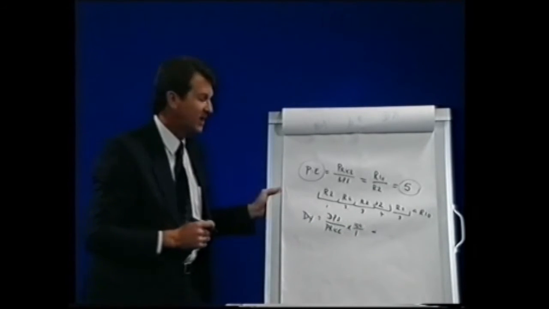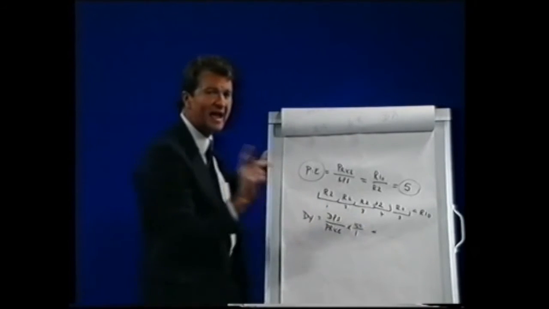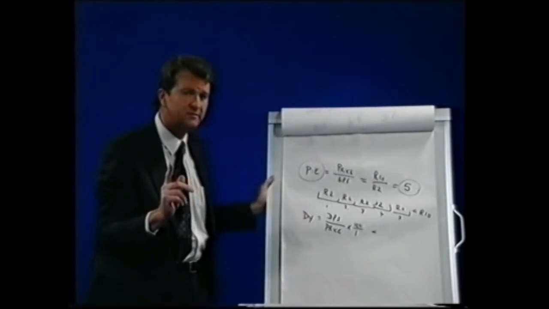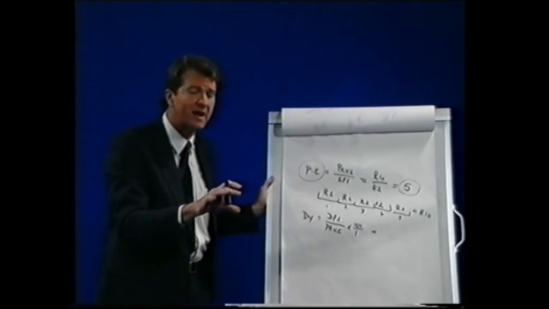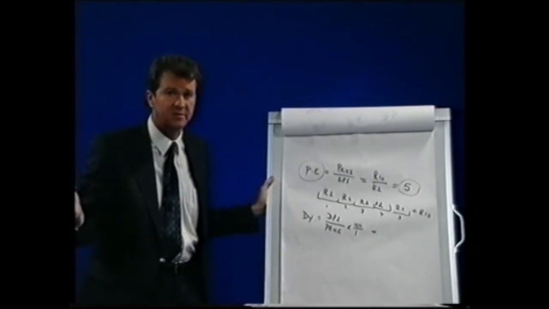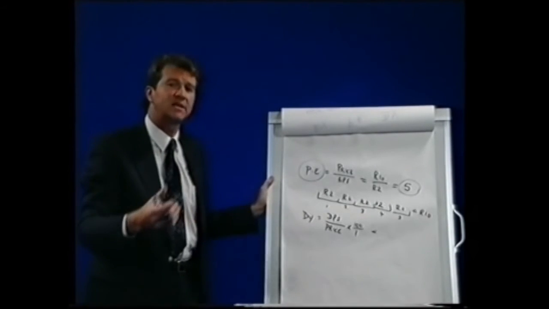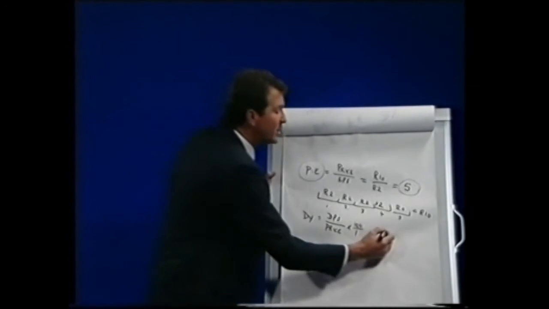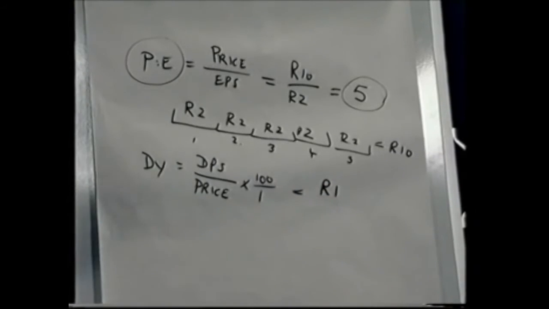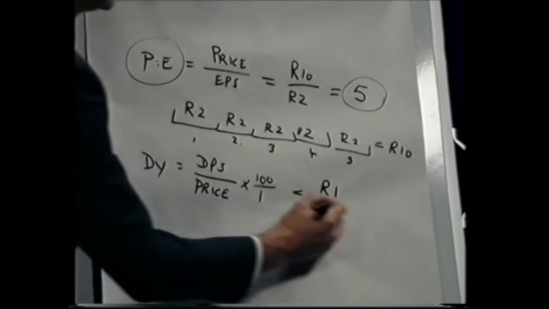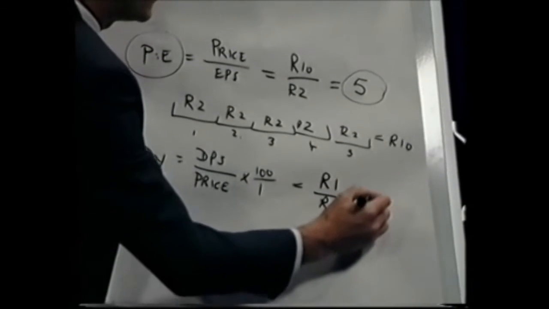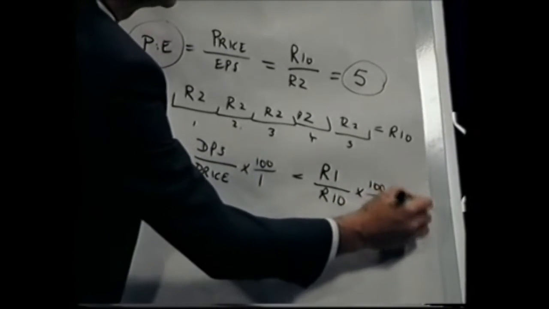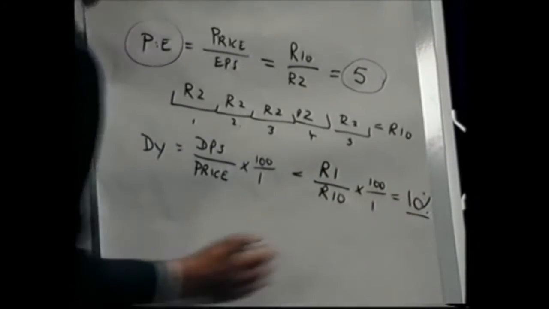So therefore, if this company decides that it will pay out a dividend of 1 Rand, remember that it made earnings of 2 Rand and could have paid a dividend up to 2 Rand. If the company decides it will pay out 50% and keep half for itself, then we will expect to receive a dividend of 1 Rand per share, which against our investment price of 10 Rand is a percentage of 10%.